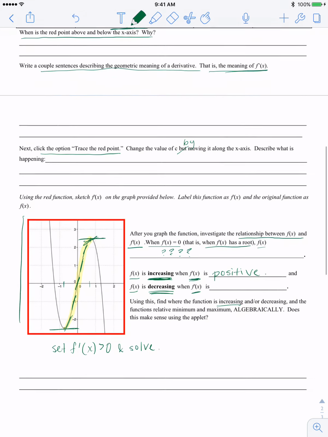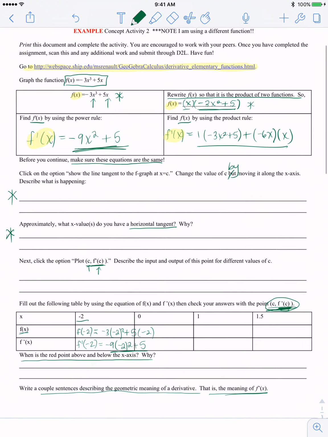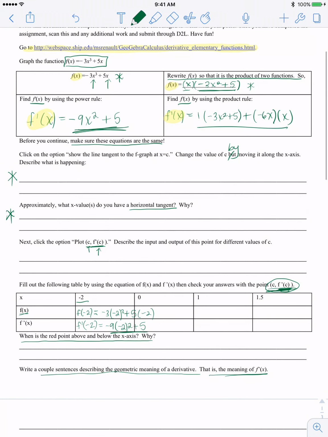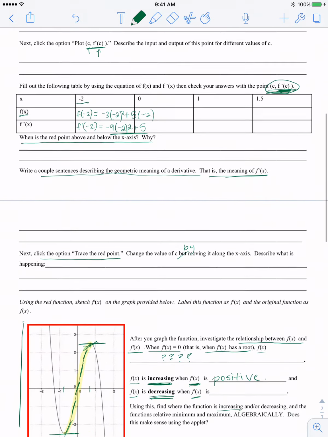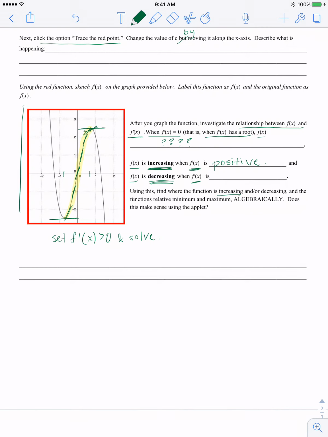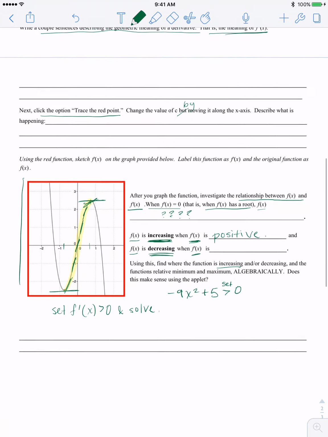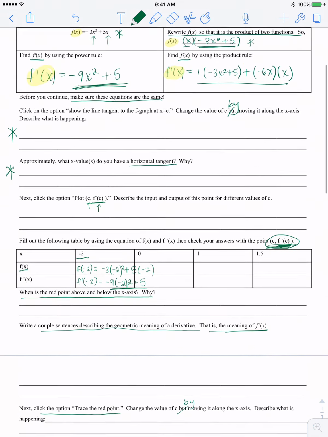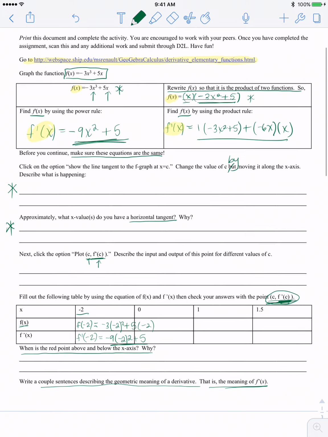So what is our derivative? Our derivative was negative 9x squared plus 5. I want to set that greater than 0 and solve for the x values that make that inequality true.